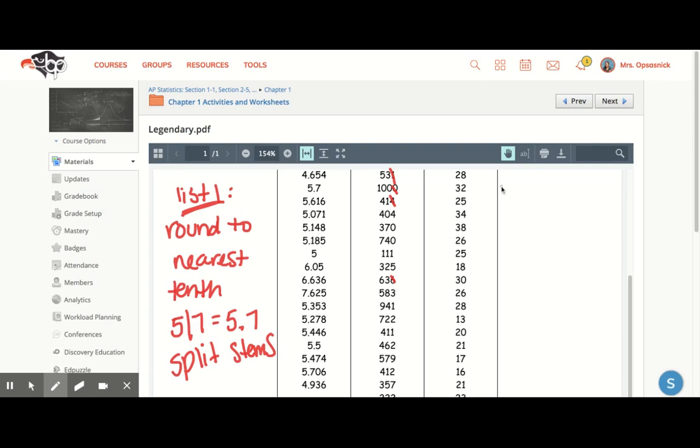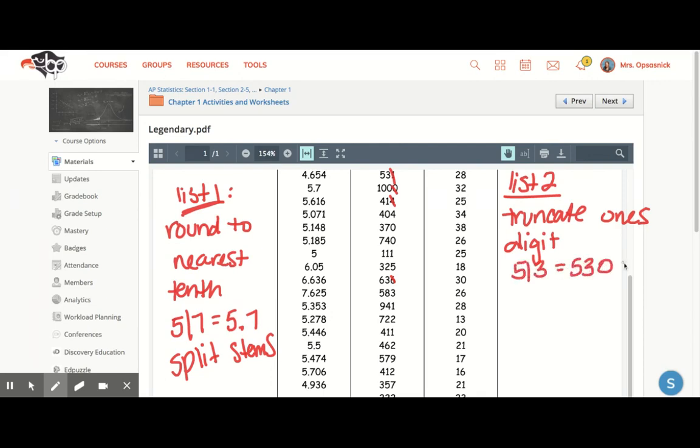You just decide what you're going to do. So I'm going to go ahead and say here for list 2 that I'm going to truncate the 1s. And then I would go ahead and say that 5 line 3 is really equal to 530.